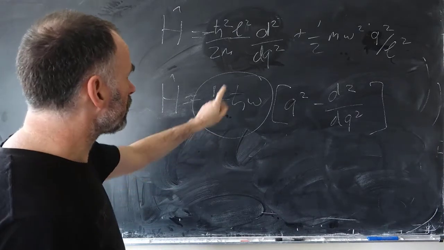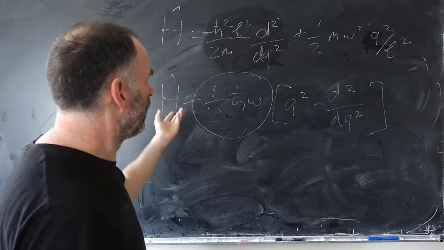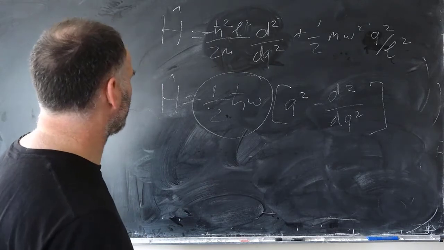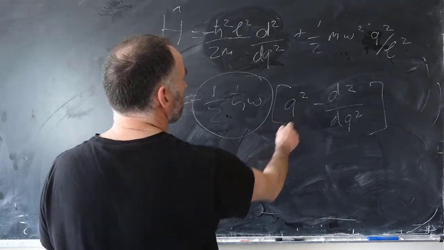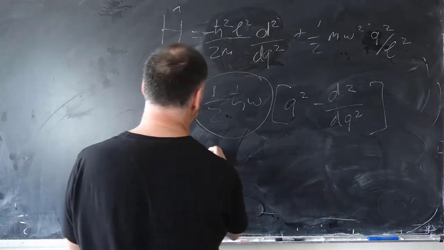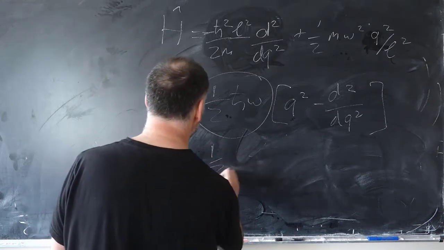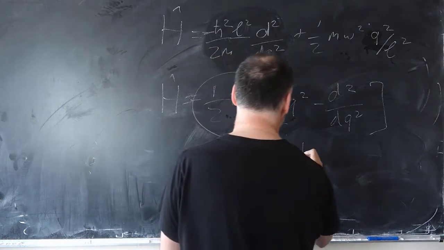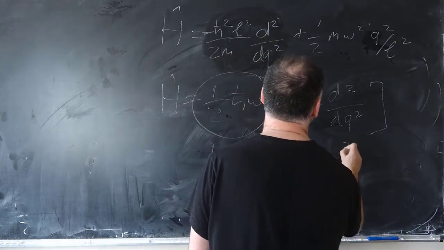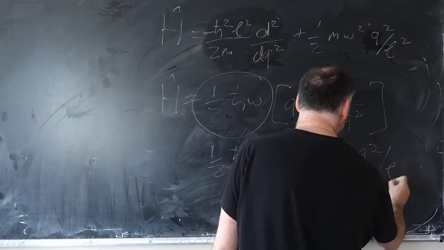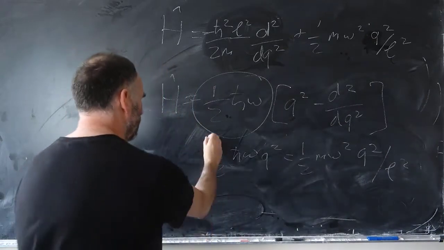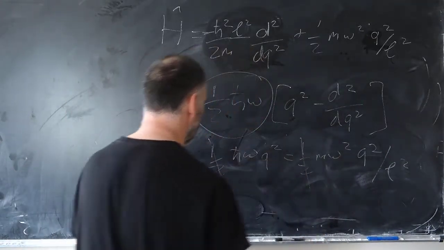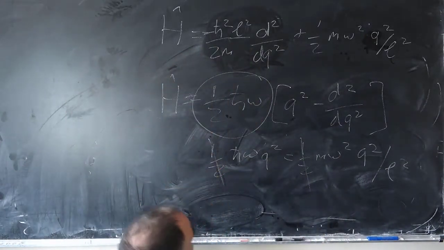Okay, so let's compare and contrast. Let's just concentrate on the potential energy term. What this is telling us is half h bar omega q squared is equal to half m omega squared q squared over L squared. Get rid of the half, get rid of one of the omegas as well.